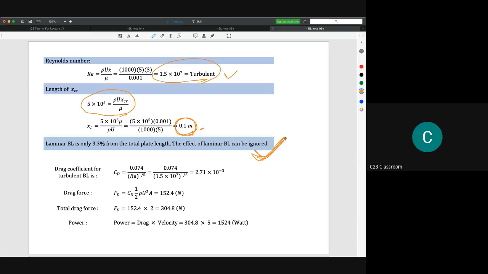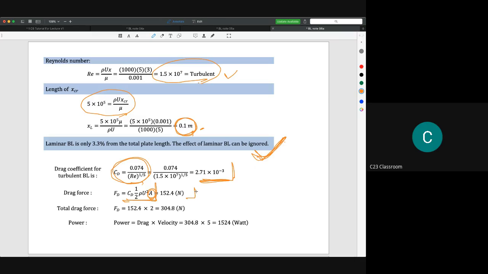Because it is turbulent, we write the value of CD for the turbulent boundary layer here. It is equal to 0.00271. So this is the drag force. We calculate into this one. We know the value of A, so it is 1.5 times 3. So we get 152.4 newtons.